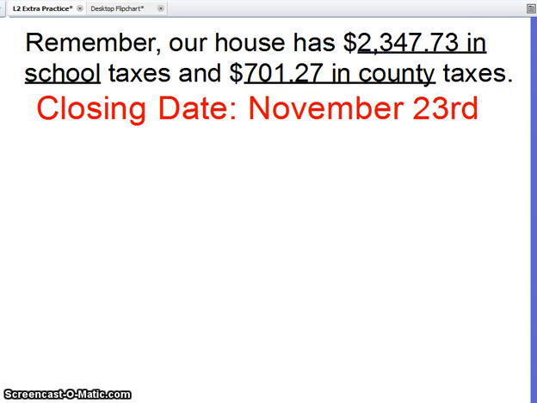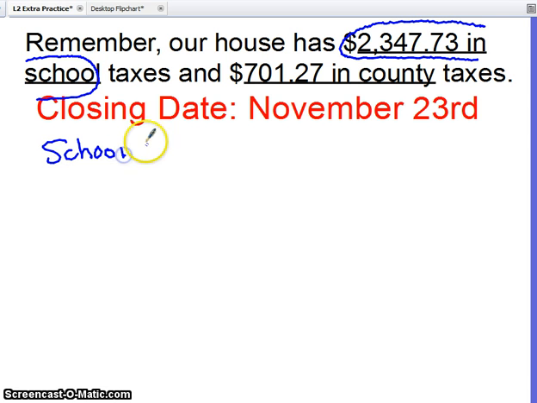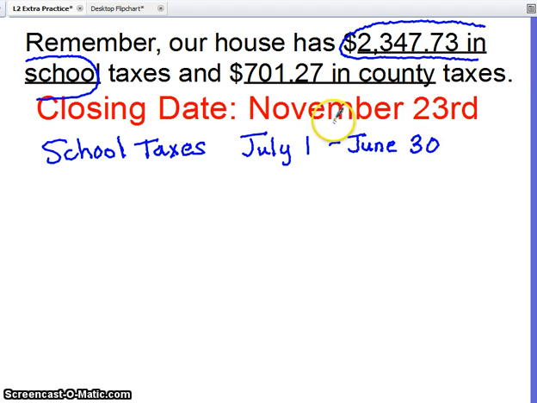Now, let's practice the same house, but let's work on figuring out the school taxes. Now remember, school taxes run from July 1st to June 30th. So we're buying in December or November, so it's somewhere in the middle.